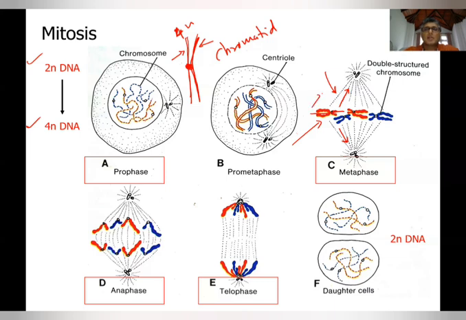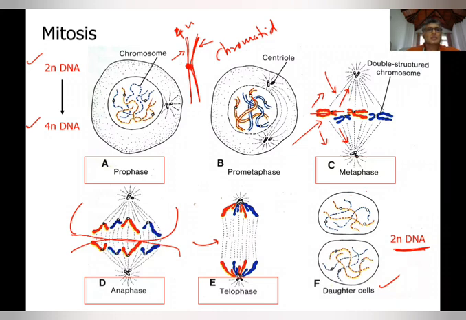One chromatid will go to that side, the other chromatid will go to this side. So ultimately, you get two cells formed here and here in the last phase, the telophase, ending up in producing two daughter cells with 2N DNA state. So the same DNA state and the chromosomal state is restored here.